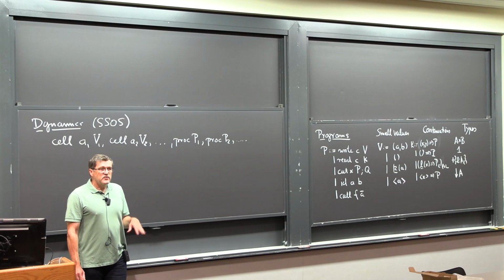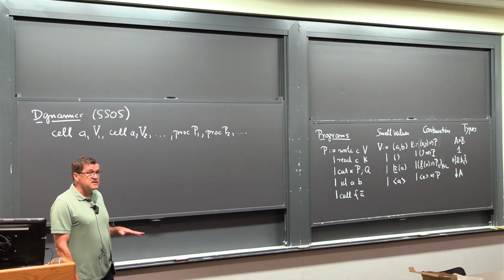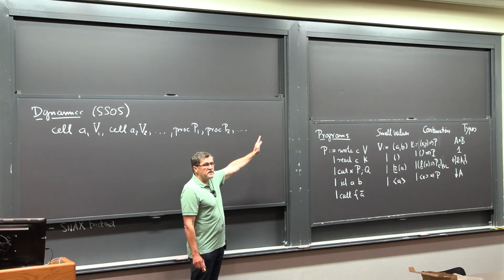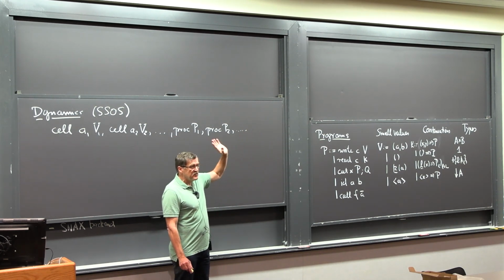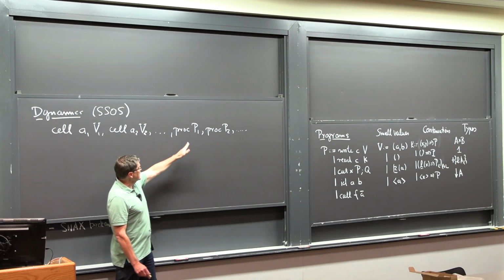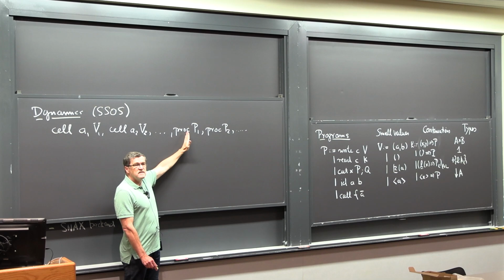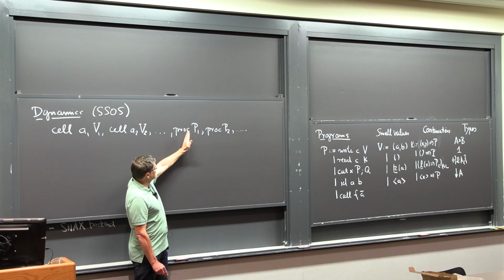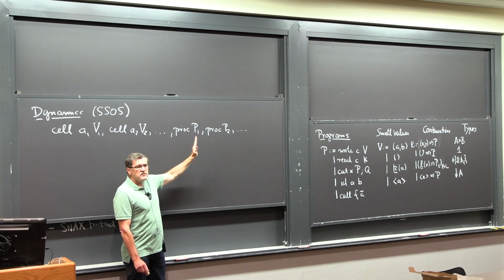Now, if you interpret the semantics that I'm going to give as a parallel semantics, which you can certainly do, then all these processes are running independently. If somebody can step, they all can step, or any can step. If you do it sequentially, the way the implementation does, you can only run the leftmost process. So there's a unique process that can step. So the difference between parallel and concurrent and sequential semantics is simply the scheduler.